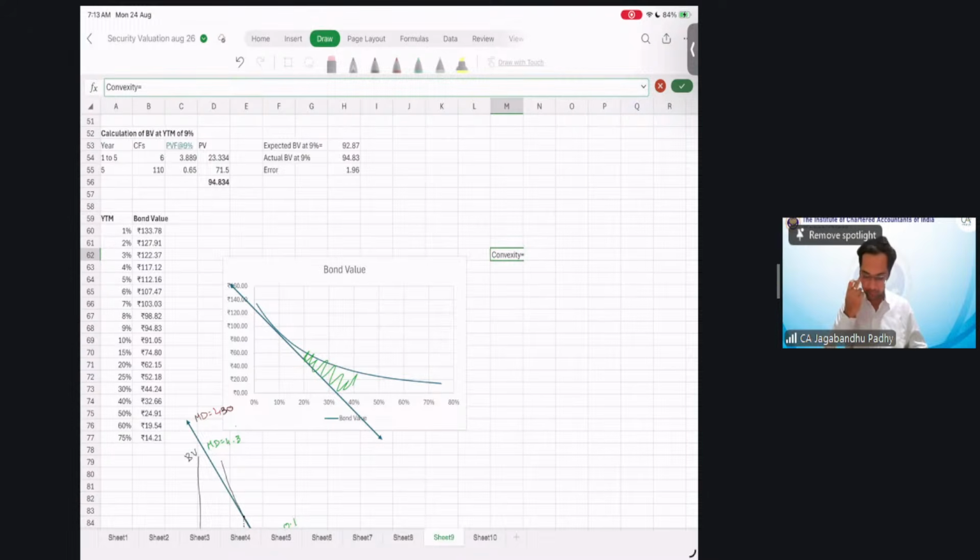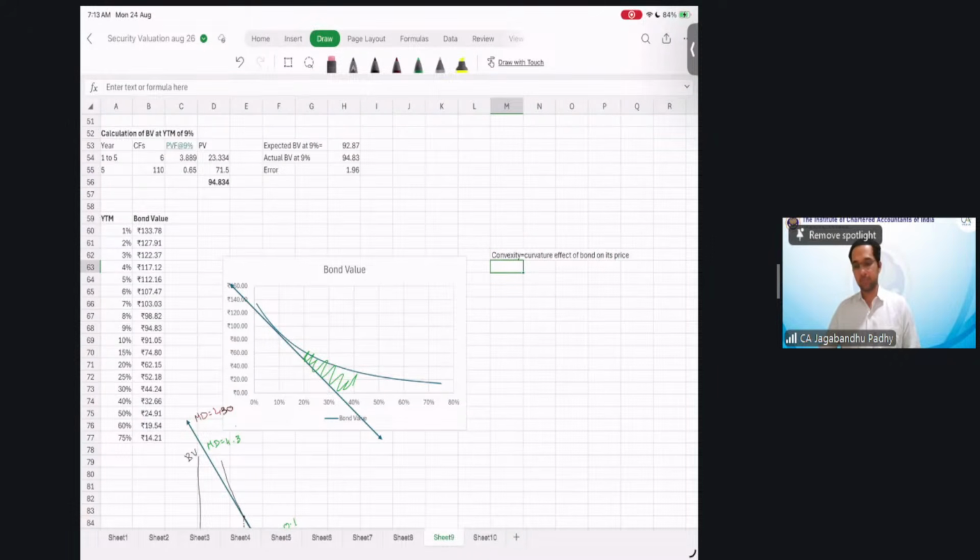Convexity is the curvature effect of bond on its price. Convexity is simply going to be the curvature effect of bond on its price.